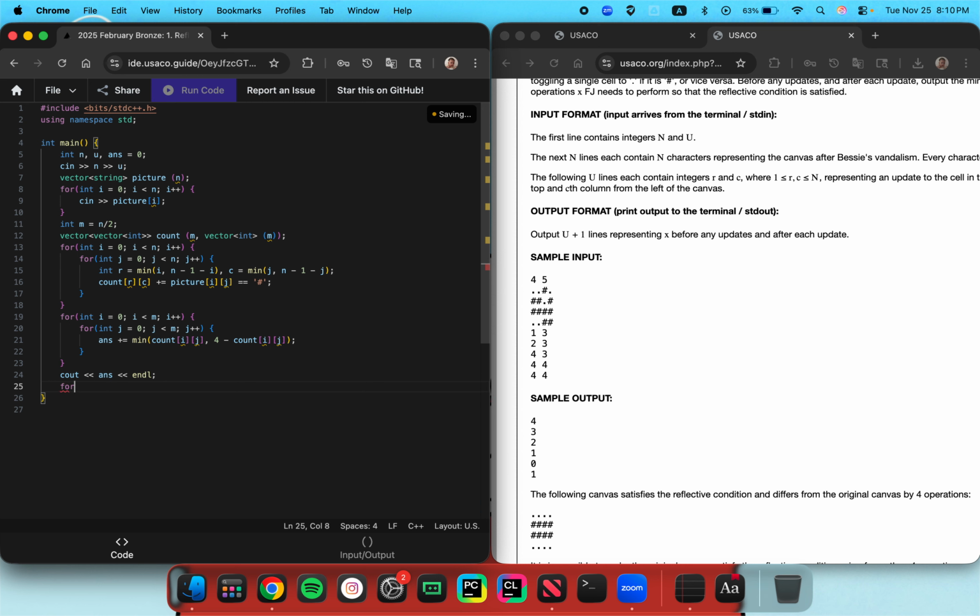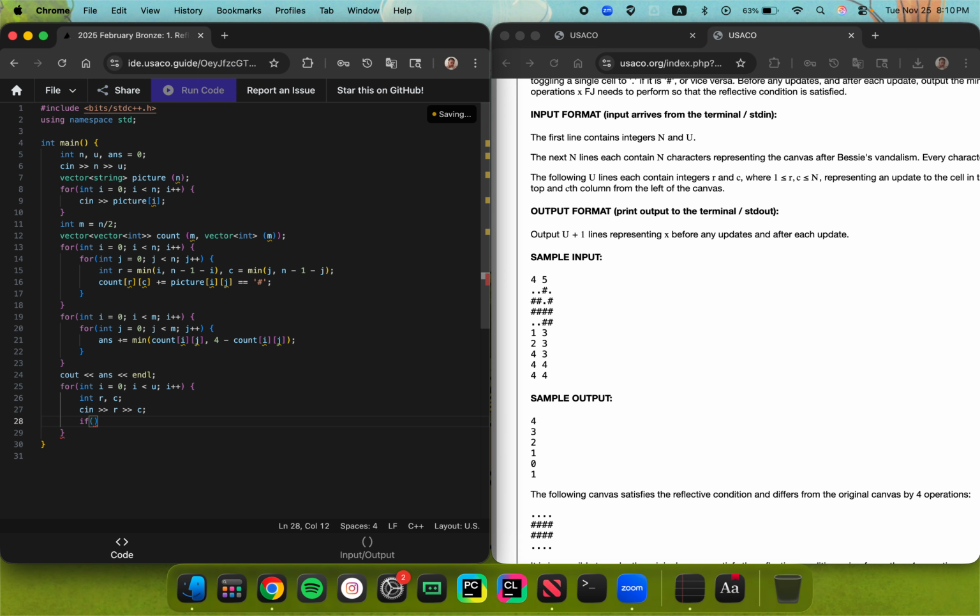Yeah, and now we can start inputting the updates. So int x is equal to u, and we read r c in cin. Now we have this, we're gonna update.